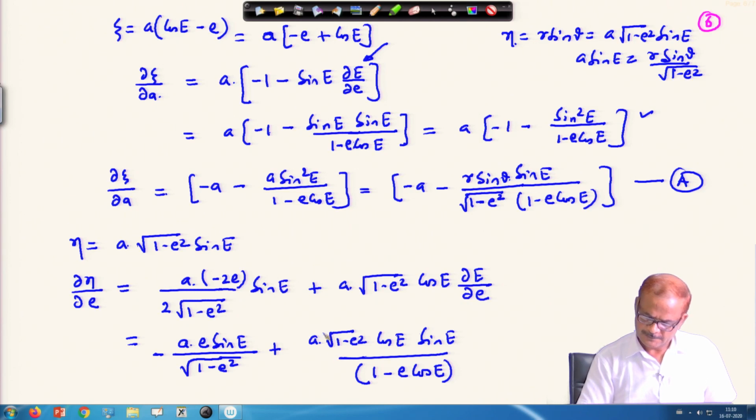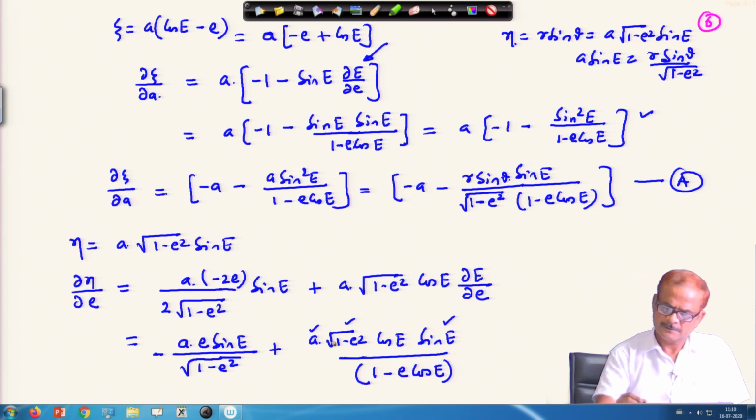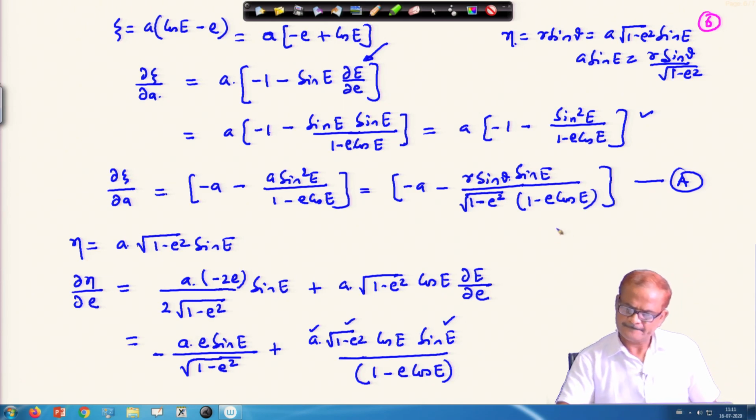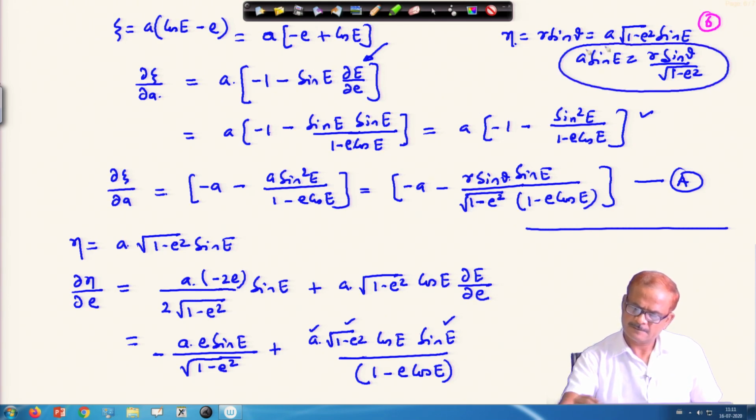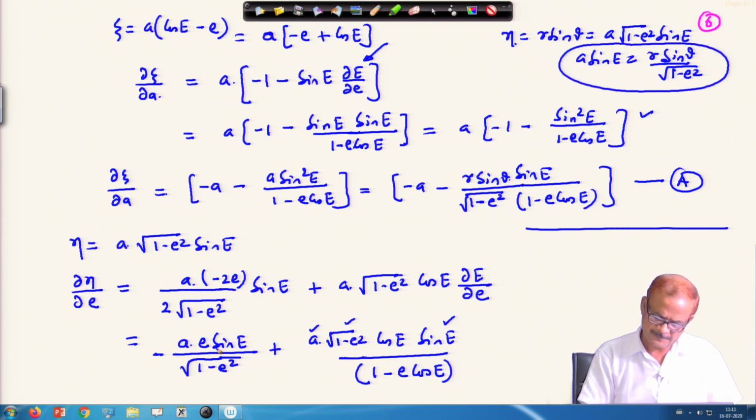If you see, A times square root of 1 minus E square times sin E is appearing. So, this quantity is nothing but r sin theta. Okay. So, the second term will be replaced by r sin theta. First, we take into account this part. So, A sin E is already written here. A sin E we will replace with r sin theta divided by the square root of 1 minus E square.